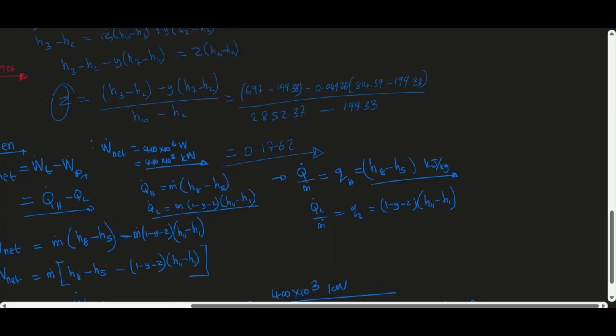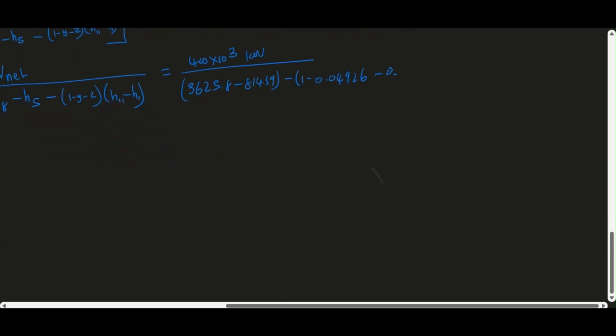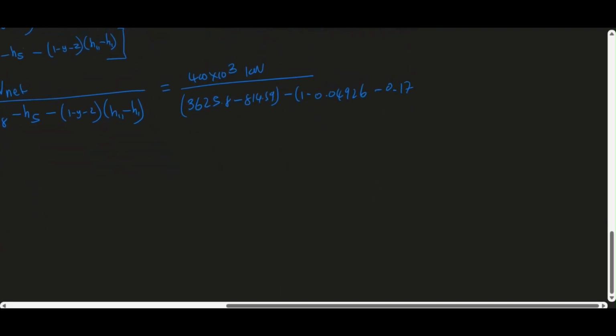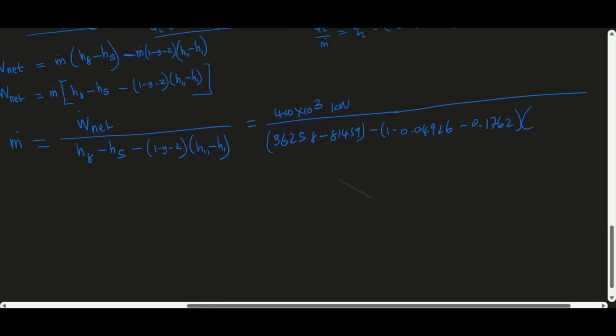So z is 0.1762. All of that multiplied by h11 minus h1. What was h11? What did we get for h11?